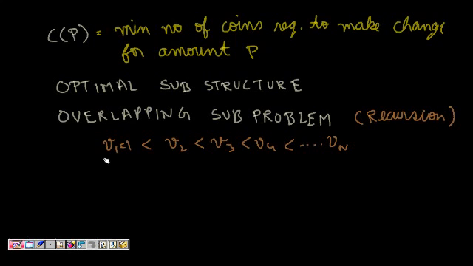The only coins that we can use are V1, V2, V3 till Vn. So let C of P be the minimum number of coins that is required.